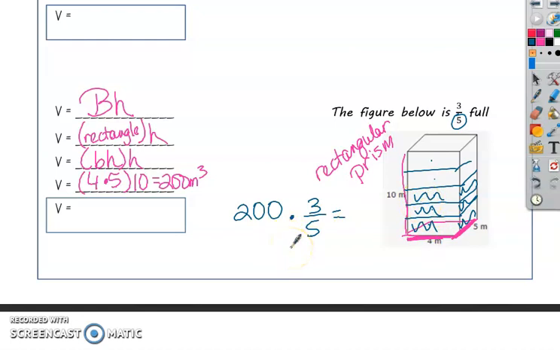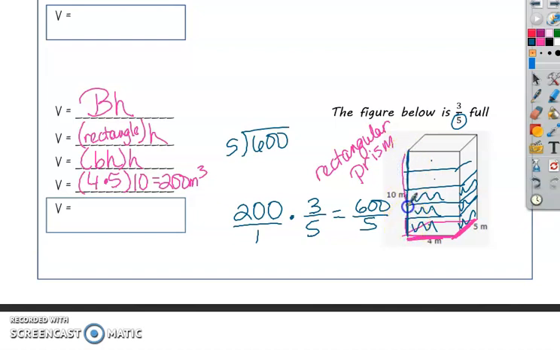If you know what 3/5 is as a decimal and you want to multiply it, that's okay also. So you can do that. 200 times 3, that's 600. And then 600 divided by 5. That's how we find how much it is when it's 3/5 full. There's another way you could do it, but we're not going to talk about that. But I could say if it's 3/5 full, I could have used a different number other than 10. I could have done, like if you think about this, 2, 4, 6, 8, 10.